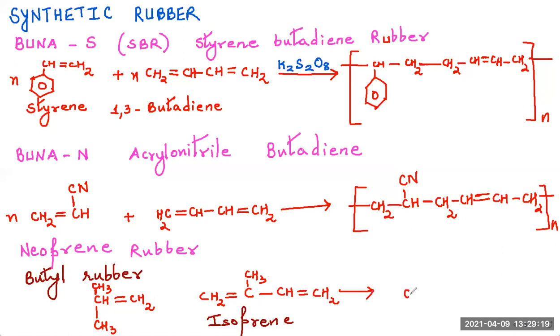Now see, I'll just write. Are you there? 1 pi bond breaks to form 2 sigma. One here. This H will not come here. Correct?